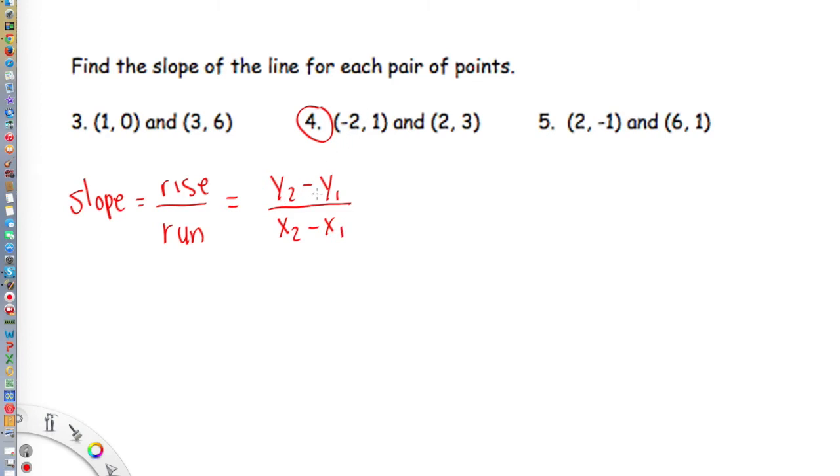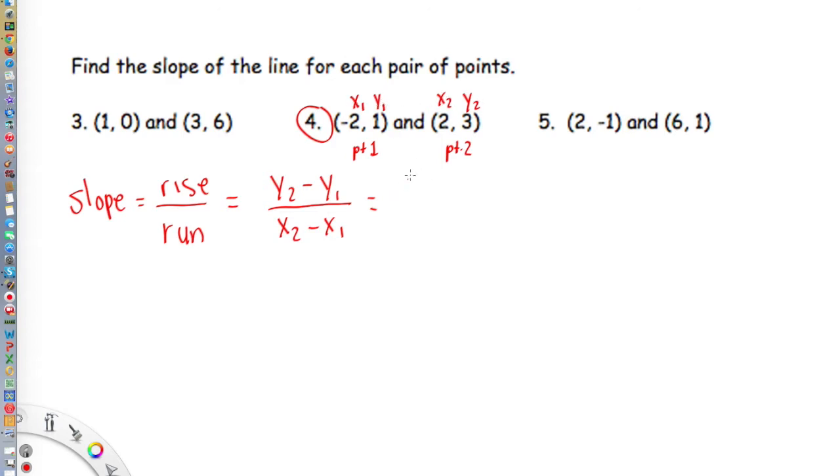Now where do I get these values from so I can plug them into my 2-point slope formula? This point here is x1, y1, and then my second point would be x2, y2. Here's point 1, here's point 2. So this is my x2, my y2 value, this is my x1 value, my y1 value.